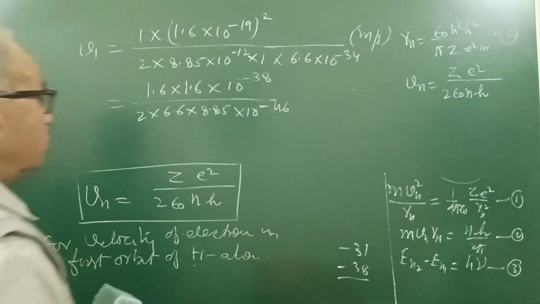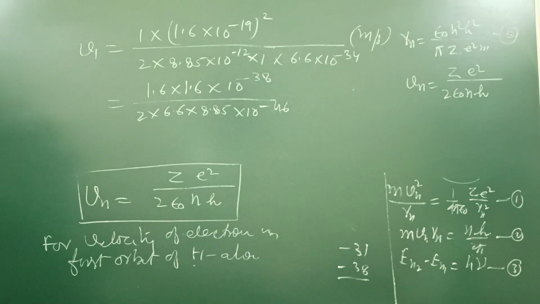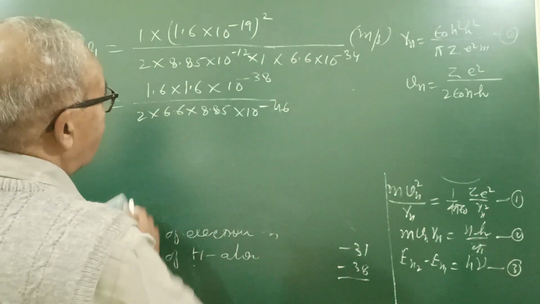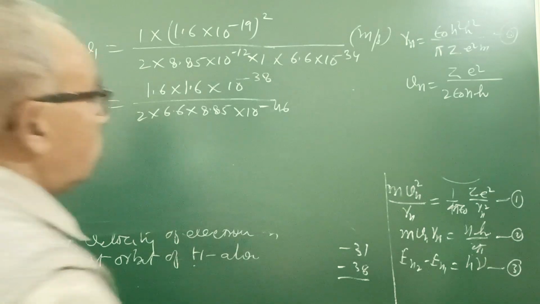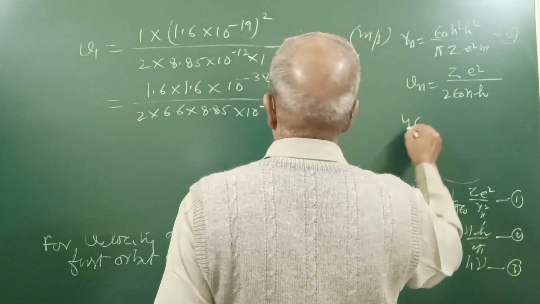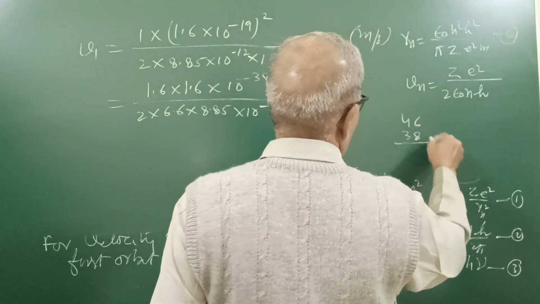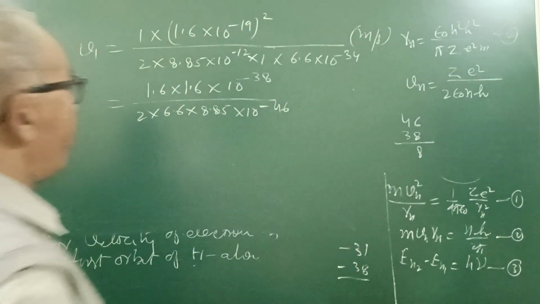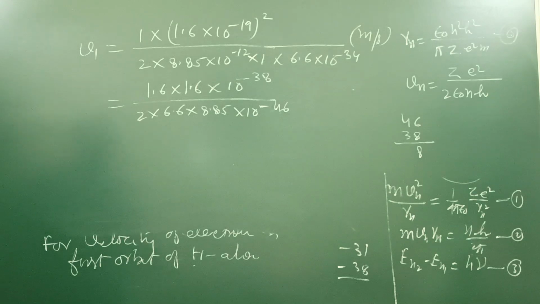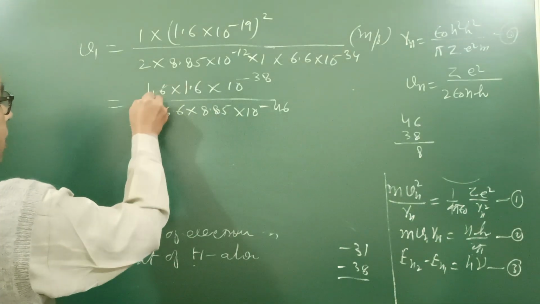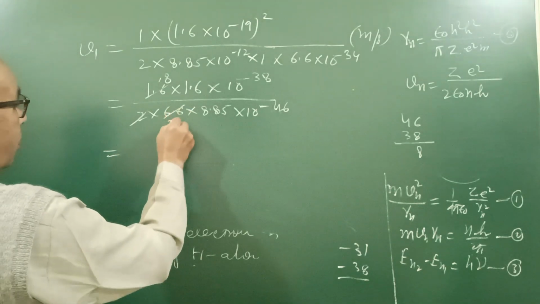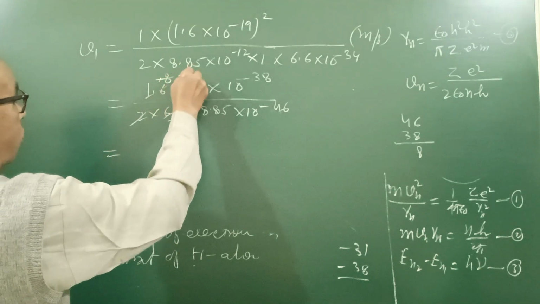So what is left there? 46 minus 38, 8. It is 0.8, 3.3, 0.4, 0.64 upon 3.3.